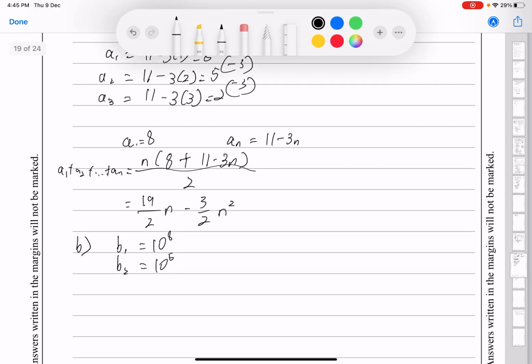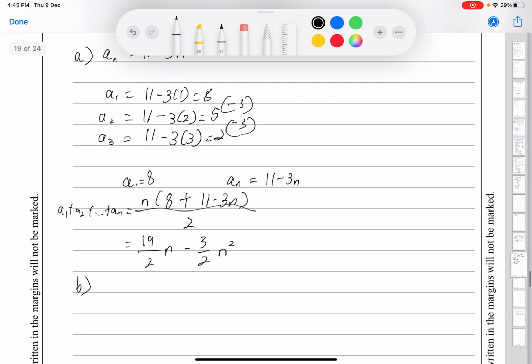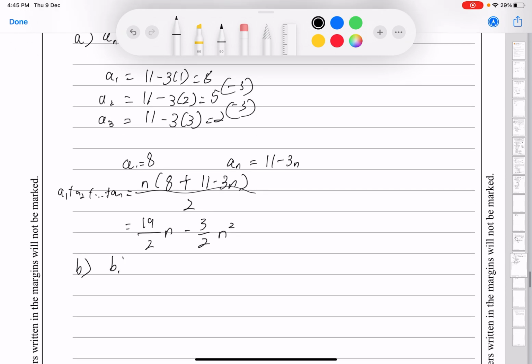So, but how come it's times? How can we change it to a more pretty form? We can log both answers.